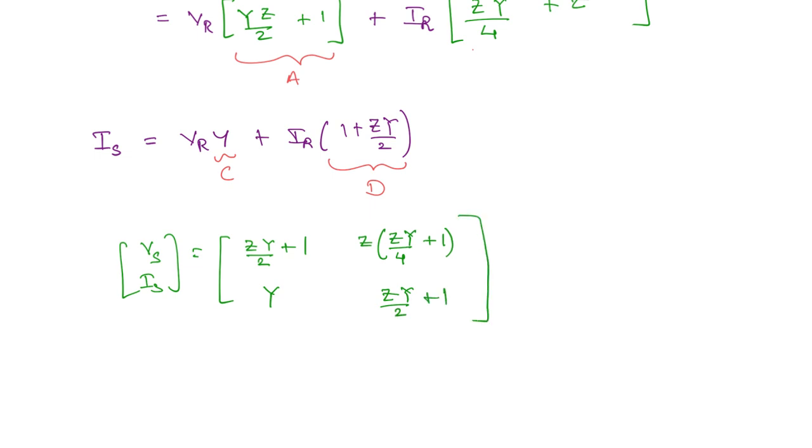You can see that A is equal to D. So it is a symmetric network. We can see from the representation itself, it is symmetric, right? The network is symmetric. So you got A is equal to D. And here you have VR, IR.